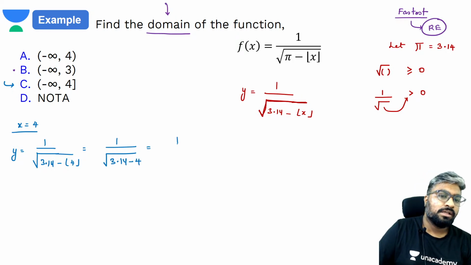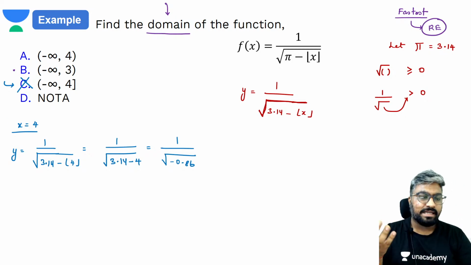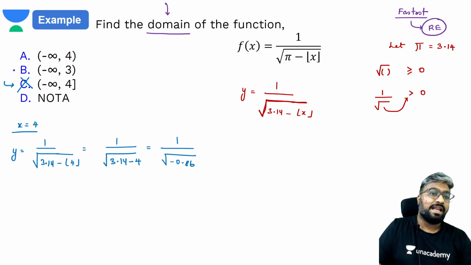It's negative. Under the square root we have negative 0.86. It won't work out. So 4 doesn't work, but what if it's a value less than 4?